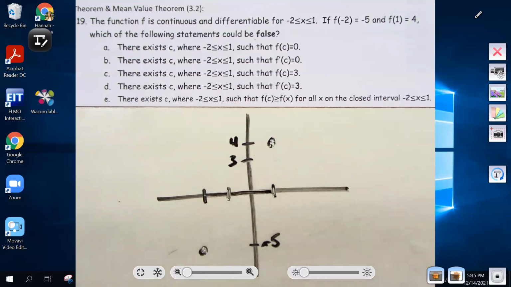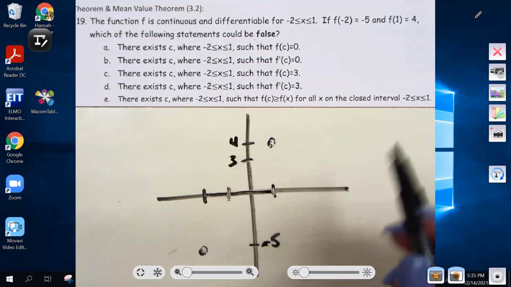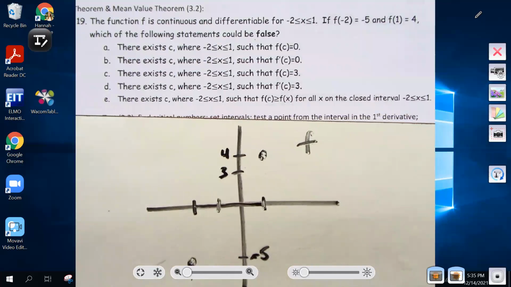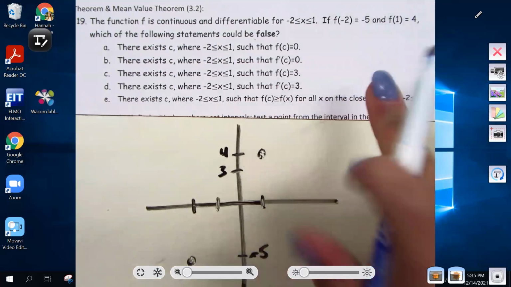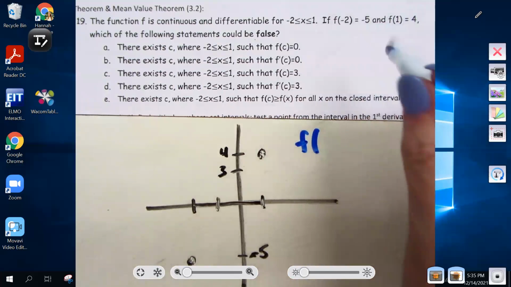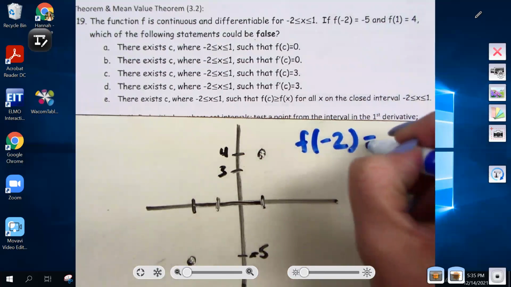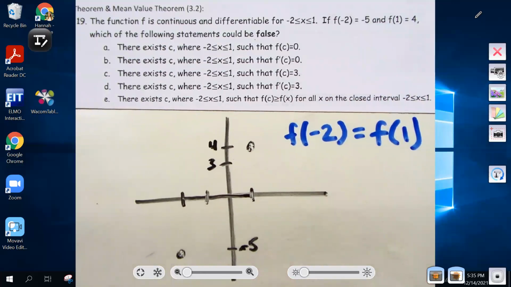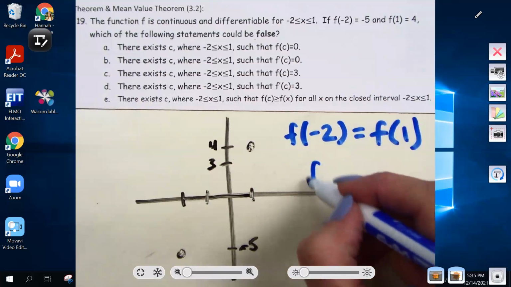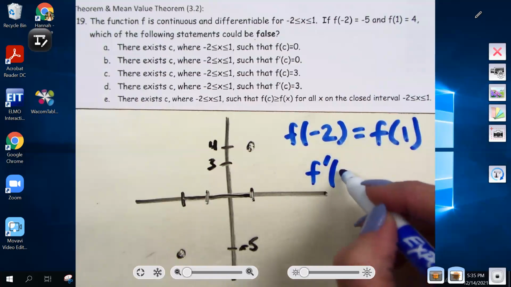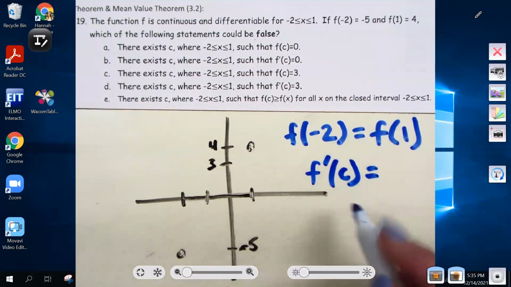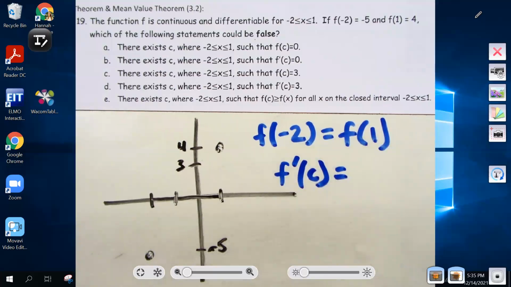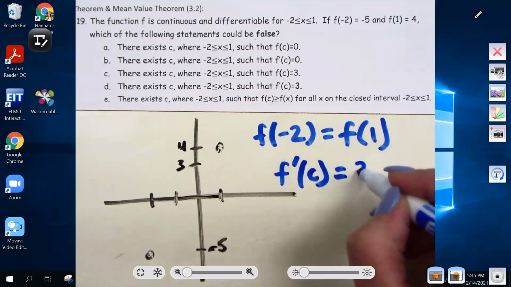The mean value theorem says that if, marker's not working, if f of A, which in this case is -2, equals f of B, which in this case is 1, then there will be a point where the derivative at that point equals the slope between those 2 points, which in this case is 3.